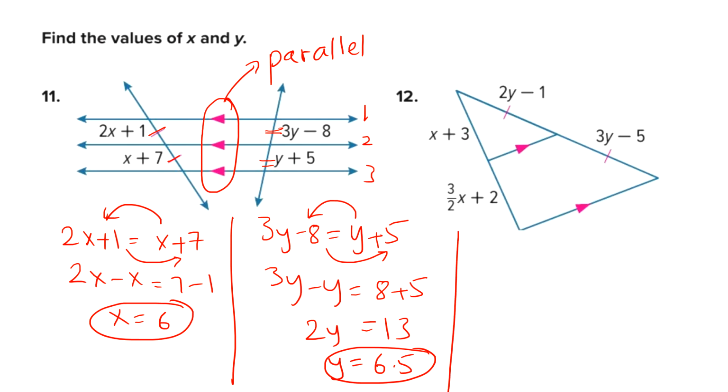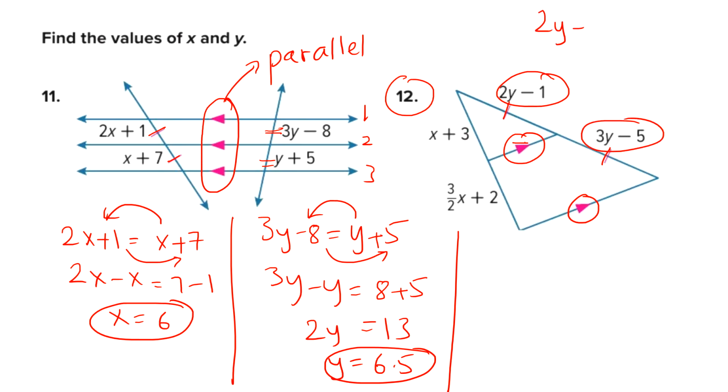In a similar way, if I apply the theorem for question 12, you see here that this symbol and this symbol indicate parallel lines, so these two lengths are going to be equal. When I make them equal and solve for y in a similar way, I move 2y here and 5 to the other side, so it becomes 5 minus 1 is 3y minus 2y.